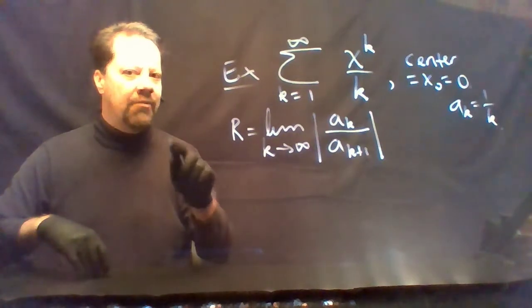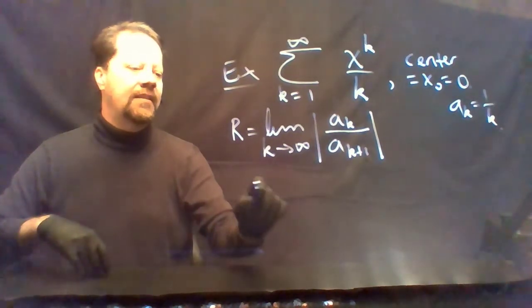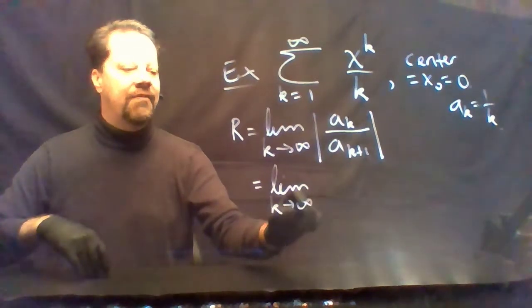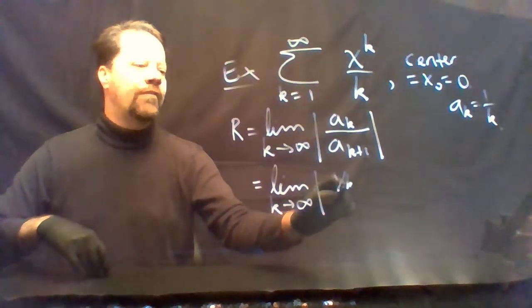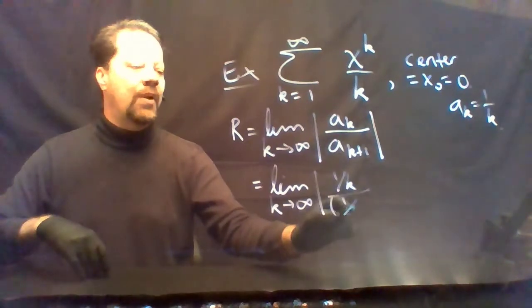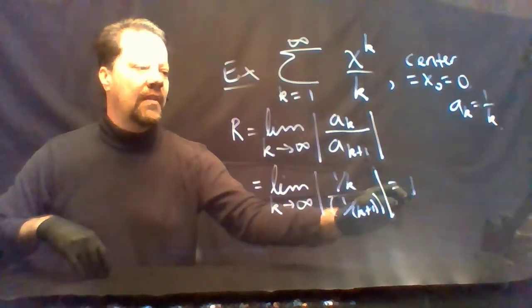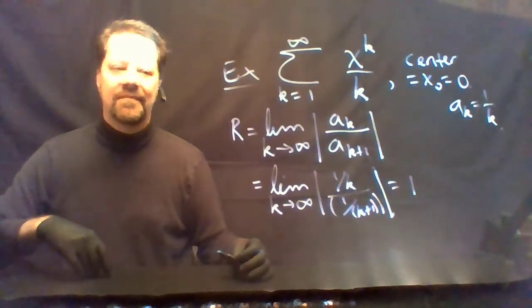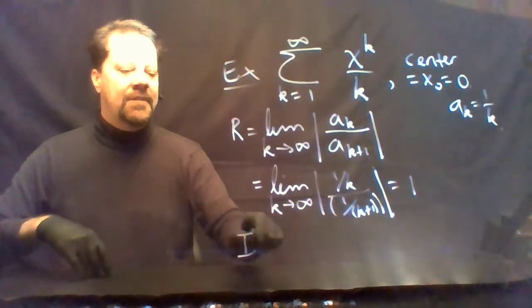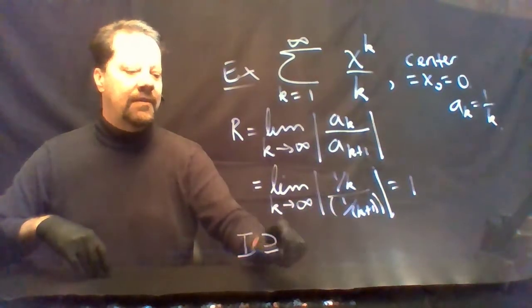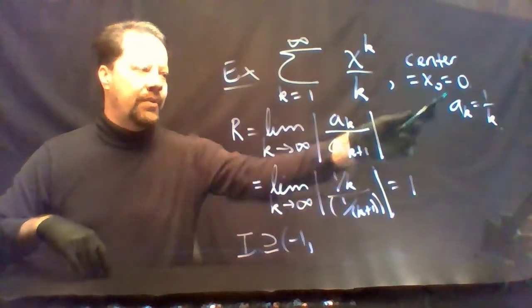Very important that you remember that part. This will be the limit as k goes to infinity of 1 over k divided by 1 over k plus 1, and that's 1. This means that the interval of convergence contains everything from 0 minus 1 to 0 plus 1.